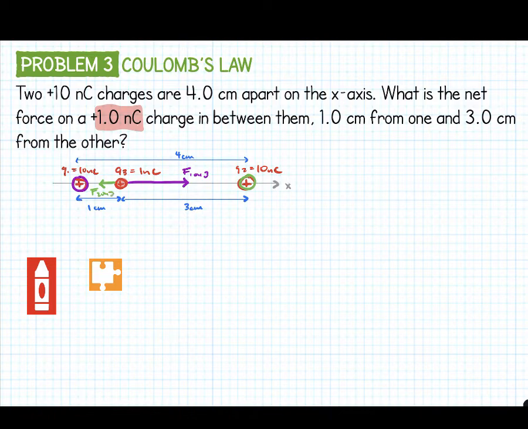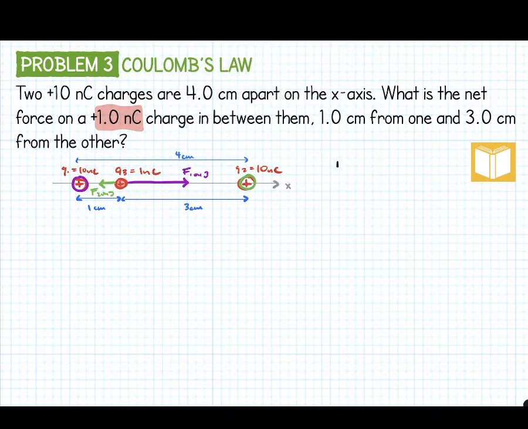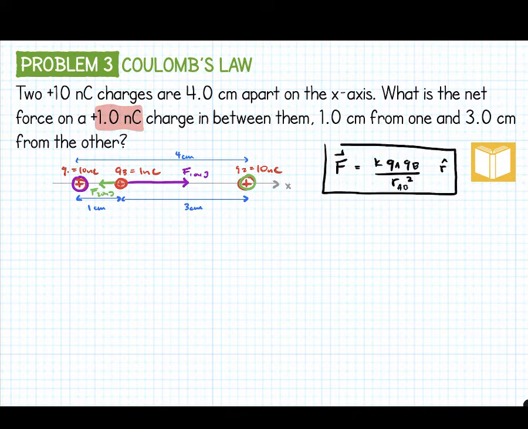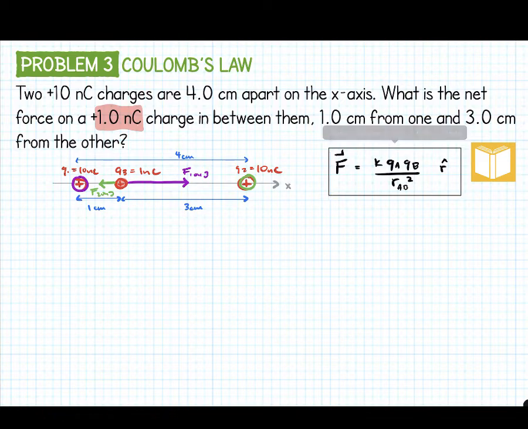So once again, we're going to use Coulomb's force law. F is equal to k QA QB over r_AB squared, the distance between QA and QB, in the r hat direction. This is a vector, and this is your Coulomb force.